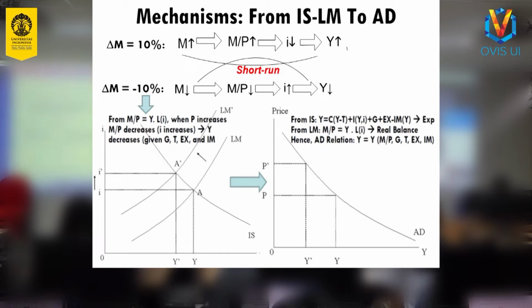But eventually what we are interested in is the relation between the price and the output. Because like what we learn in microeconomics, when you call demand, it has to be a relation between price and output. But so far, we know already the relation between price and the interest rate.